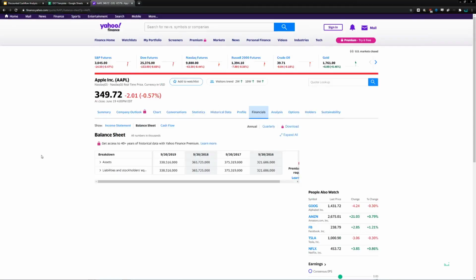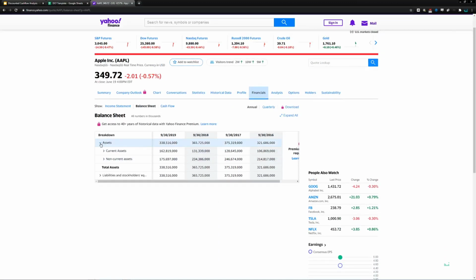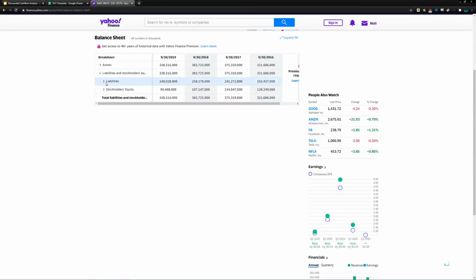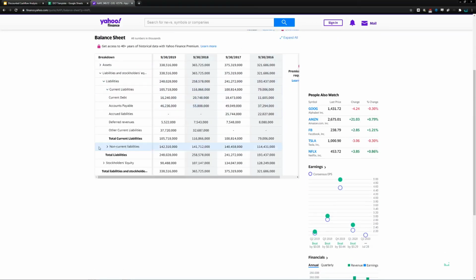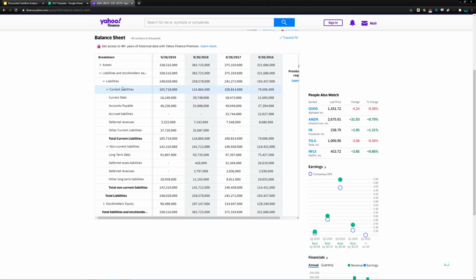So in order to get debt, we go to the balance sheet, we go to liabilities, and then there's 2 components. There's current liabilities and non-current. So current is stuff that's due within 1 year, and non-current is longer than a year. So this is long-term debt, and then current debt or short-term debt. And some companies will just report total debt. They don't break it up into current versus long-term, but what we want is the total of 91.807 billion plus 16,240.